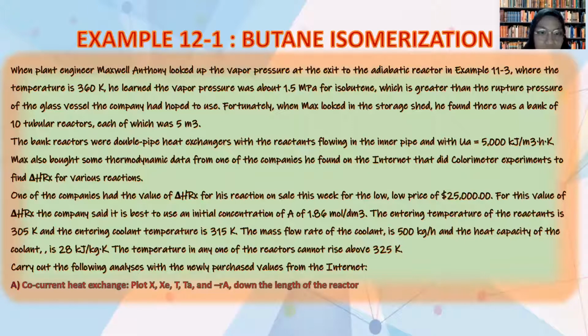The temperature in any one of the reactors cannot rise above 325 Kelvin. Carry out the following analysis with the newly purchased values from the internet. For the co-current case, the question asks to plot X, XE, T, TA and negative RA down the length of the reactor. Next.